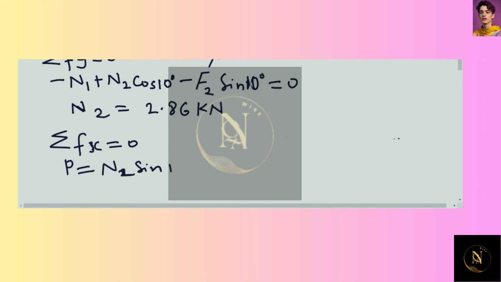P equals N2 sine 10 degrees plus mu, the coefficient of static friction, N2 cos 10 degrees, the inclination of the plane of the wedge, plus mu N1, the normal reaction at point 1.